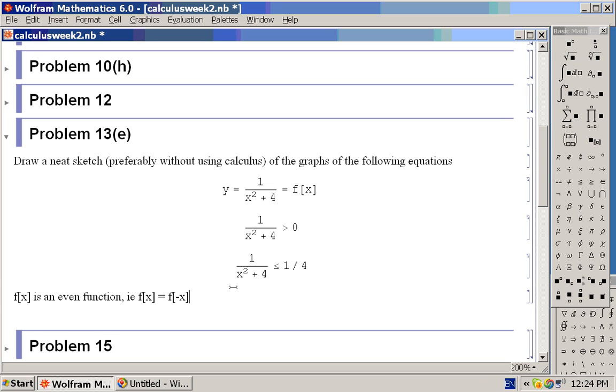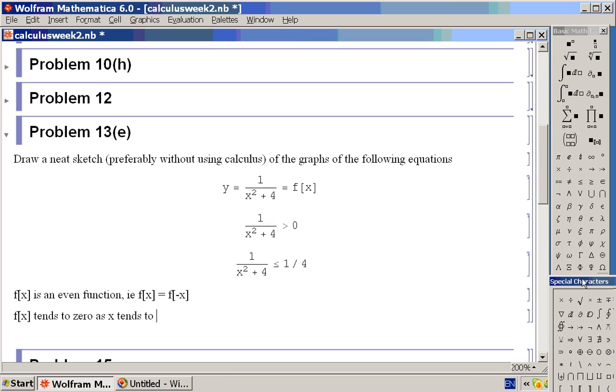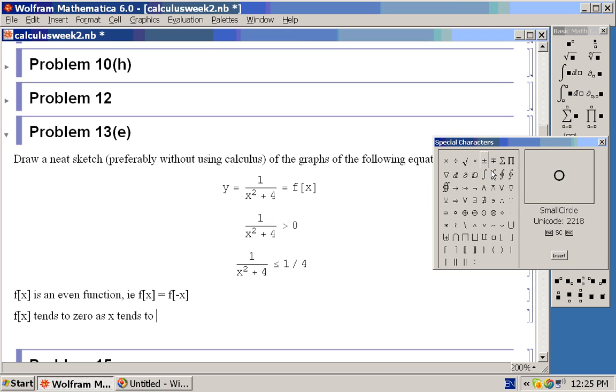And finally, f of x tends to 0 as x tends to plus or minus infinity.